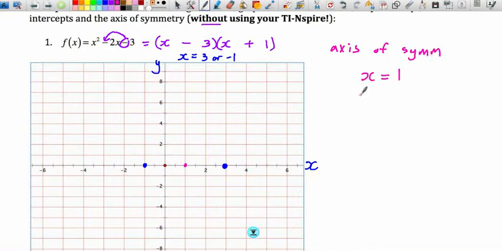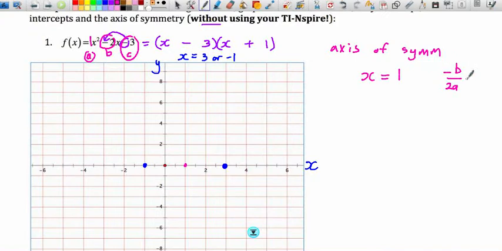The alternative, of course, is to use the formula which says minus b over 2a. In this case, b is minus 2, a is 1, because the coefficient of the x squared term is 1, and of course c is minus 3.